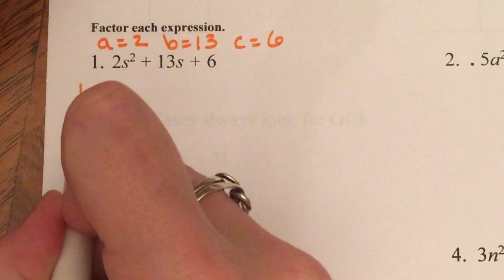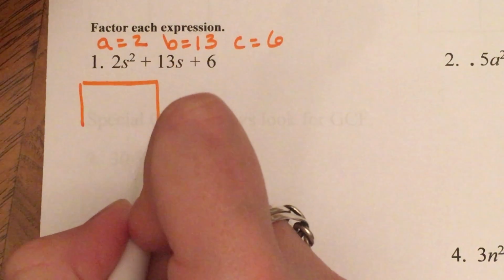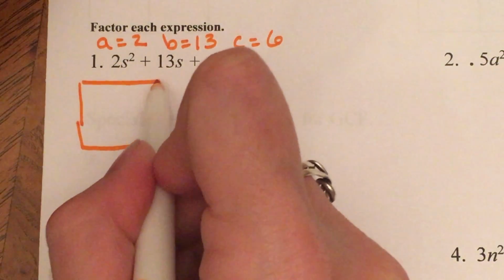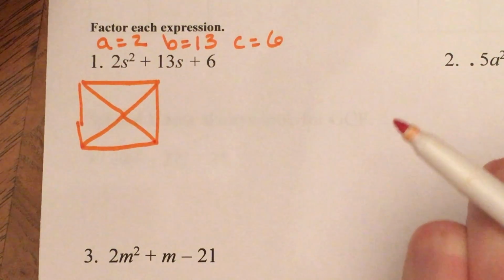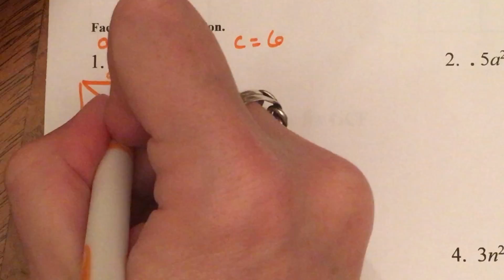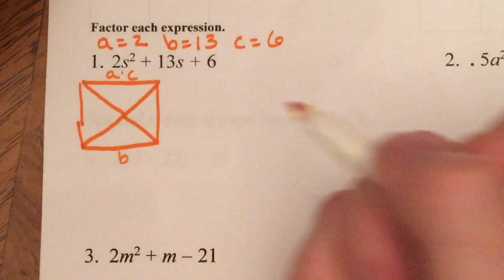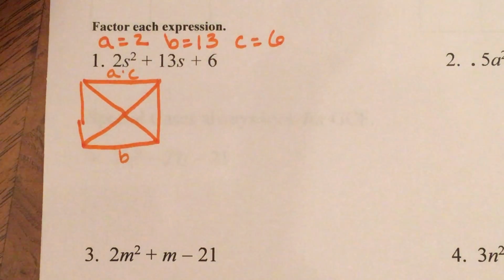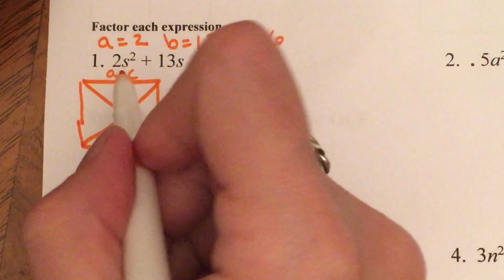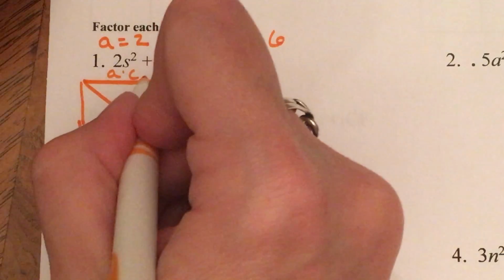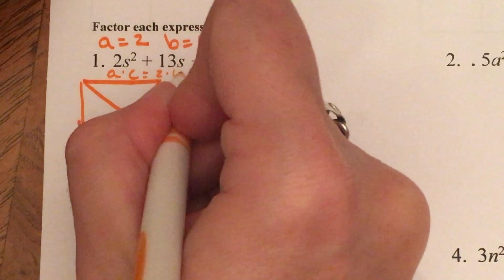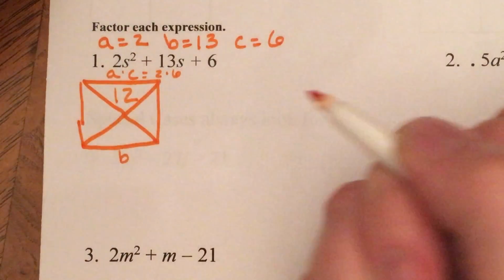And then we build our box, just like we did before, with the X in it. And the top triangle is still A times C. The bottom triangle is still B. That will not change. So 2 times 6, that's 12.